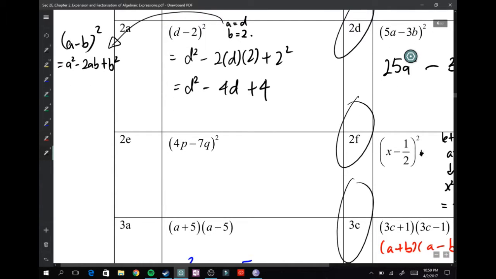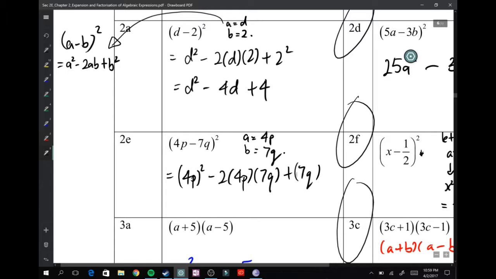Same thing for this, just that this is slightly more complicated. a is 4p, b is 7q. So same thing, this is a squared, remember to bracket this, (4p) squared minus 2 times 4p times 7q plus (7q) the whole thing squared.